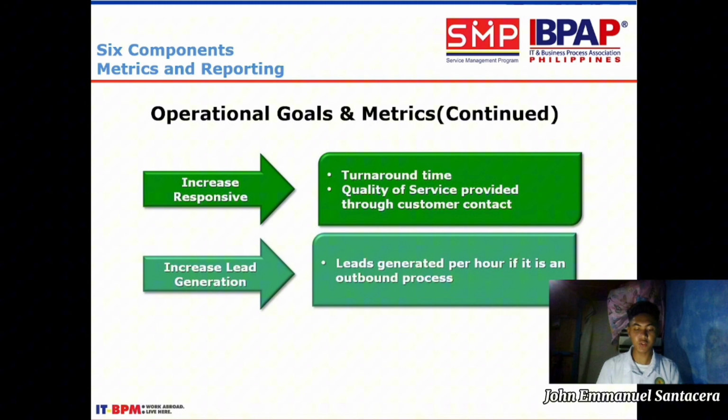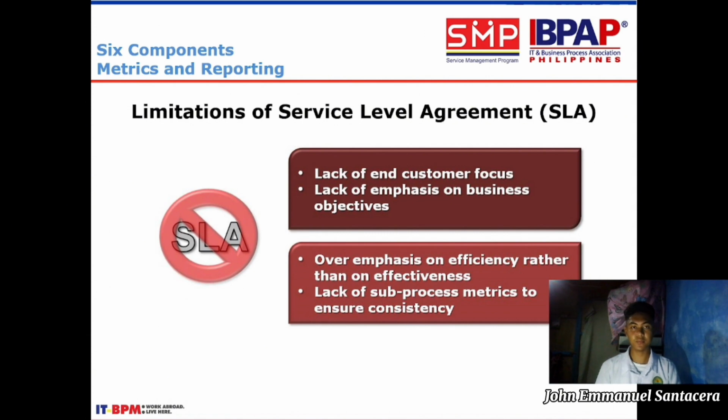Turnaround time is a measurement of how long you take to complete the task. Quality of service provided through customer contact is how you deal with the customer and have rapport or empathy with them. And increase lead generation, leads generated per hour if it is an outbound process. It means reaching out to potential clients proactively.